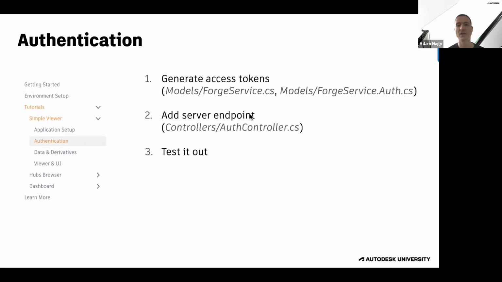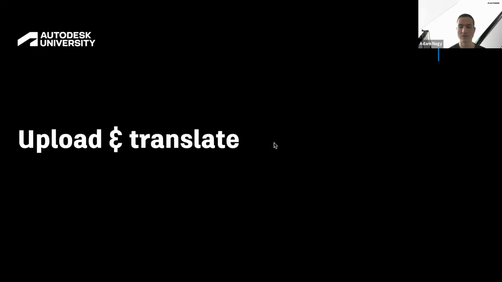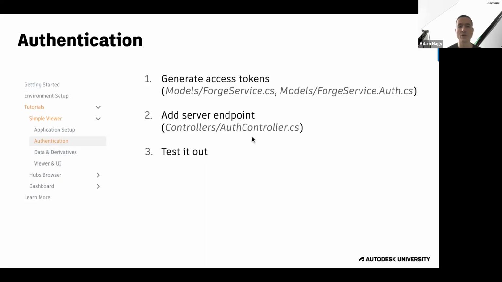And then on the server endpoints, this authentication controller is providing an endpoint that will enable the client to request an access token from the server side. And then you can test it out as well. So these are the two things we are going to be implementing.